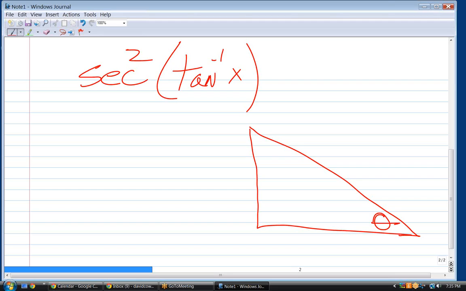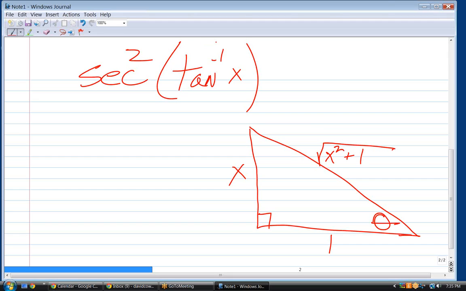So opposite will be x, adjacent 1. Whenever you're solving right triangles, the answer always starts out square root. Sometimes it's the square root of 25, which is a whole number, but always remember it's the square root of the sum of those squares. So x squared plus 1.